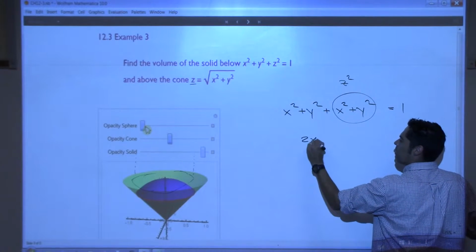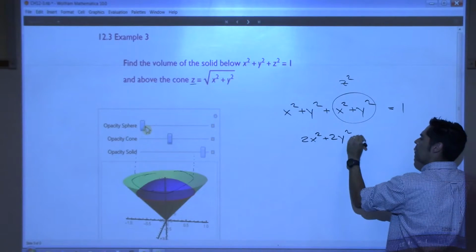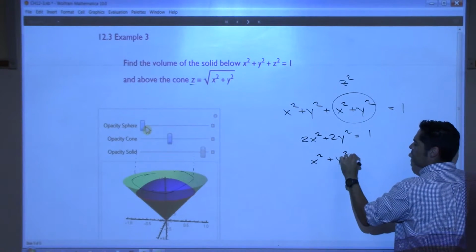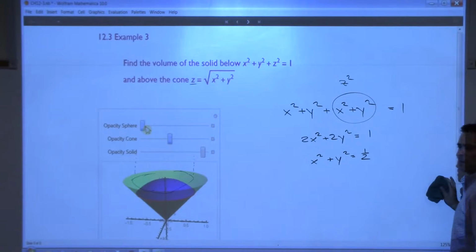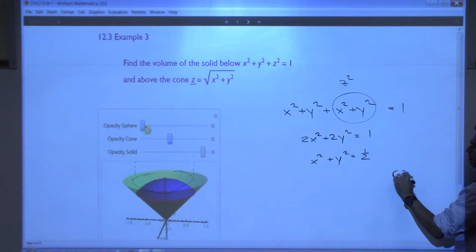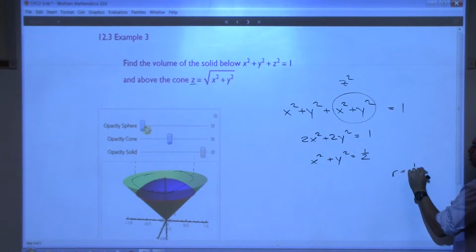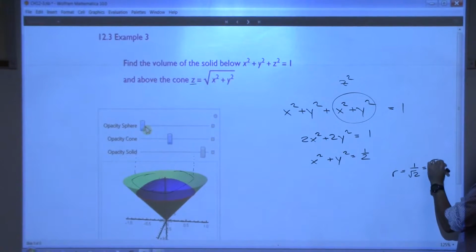So you get 2x squared plus 2y squared equals 1. And that means x squared plus y squared equals 1/2. And that's a circle of radius, it's the radius of this circle, root 2 over 2 or 1 over root 2. Those are the same things. That's your radius.